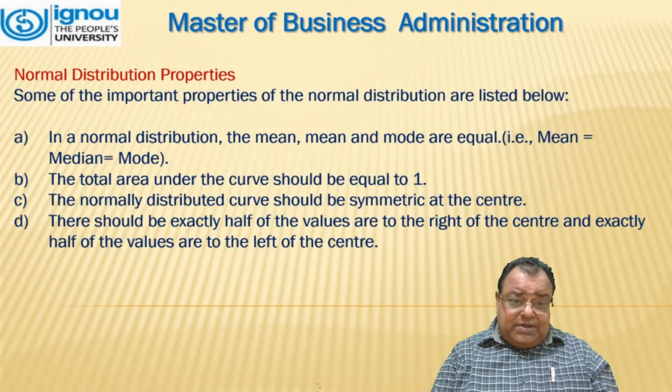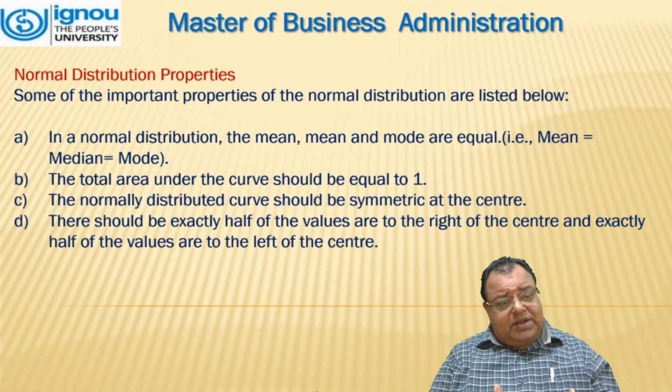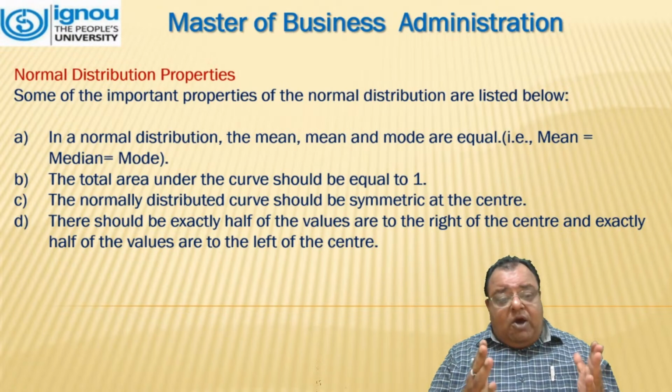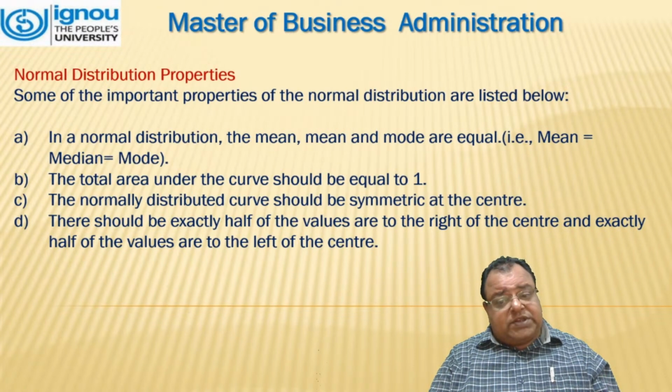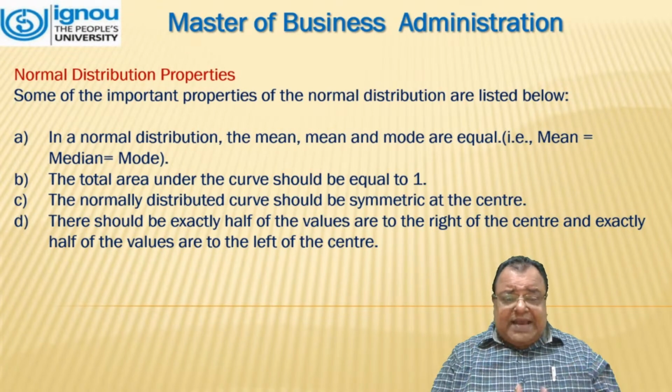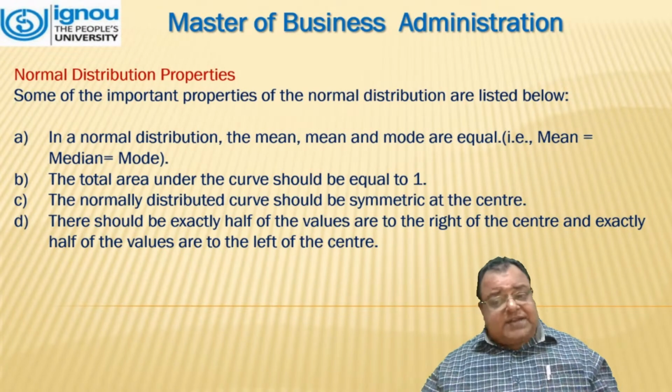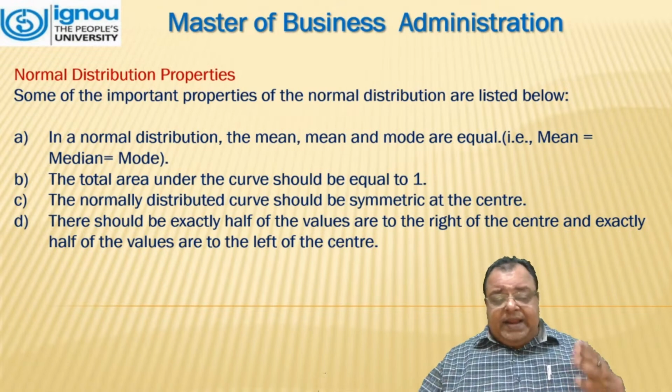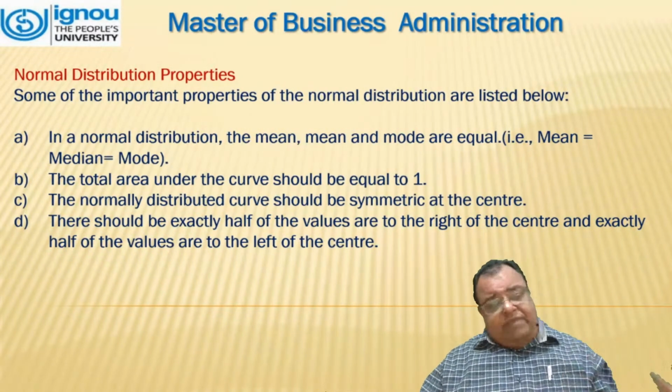What are the properties of this normal distribution? In a normal distribution, mean, mode, median, all three are equal. The total area under the curve should be equal to 1. Normal distributed curve should be symmetric at the center, and there should be exactly half of the values on the right side of the center and exactly half of the values on the left side of the center.